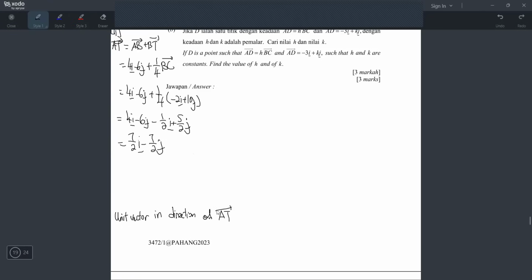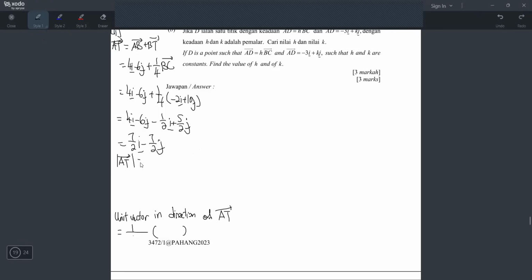We need to know there's one formula to find the unit vector, and the formula is 1 over magnitude times the vector in terms of ij. That is why you cannot find the unit vector first. You need to have the magnitude first, or else you can't use this formula. That's why I leave an empty space here. Can you see I never write the unit vector here, because I know I need this space to find the magnitude of vector AT first.